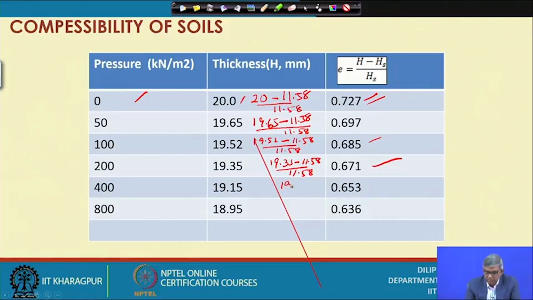For this, 19.15 minus 11.58 divided by 11.58, we will get this value, and here 18.95 minus 11.58 divided by 11.58. If you do this, you will get these void ratios. So now we have again got the void ratio, and using this void ratio and pressure, you can draw the e-p curve, and from there you can get the volume compressibility.